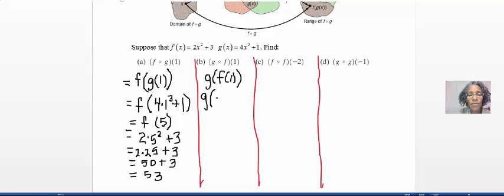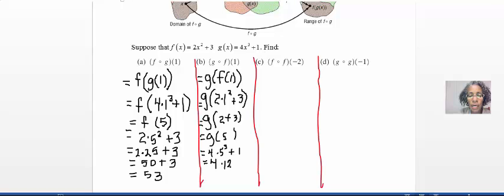This is g of 2 times 1 squared plus 3, which is g of 2 plus 3, which is g of 5, which is 4 times 5 cubed plus 1. 4 times 125 plus 1. So 500 plus 1 is 501.